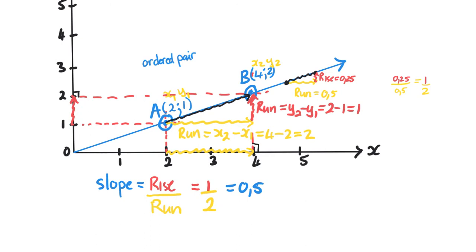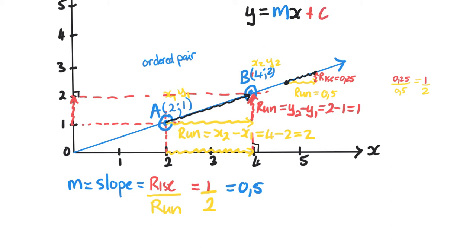Now in mathematics, when you do this later on in the year, you will learn about the equation for this line. It would be y equals m, which is the mathematical symbol for slope, multiplied by x plus c.